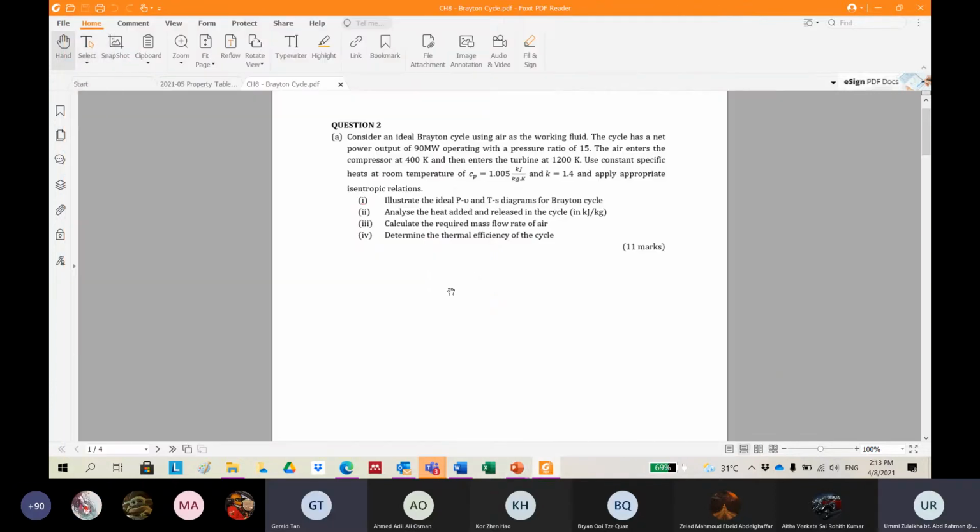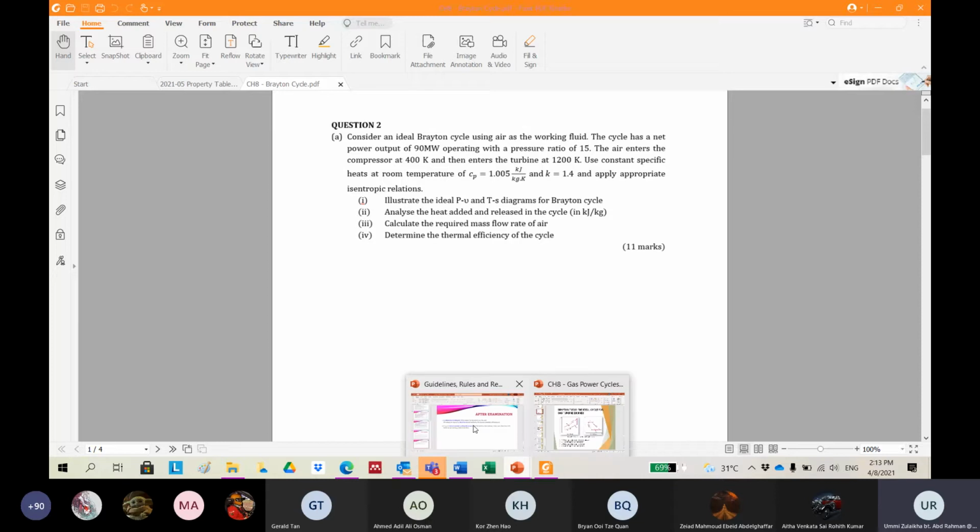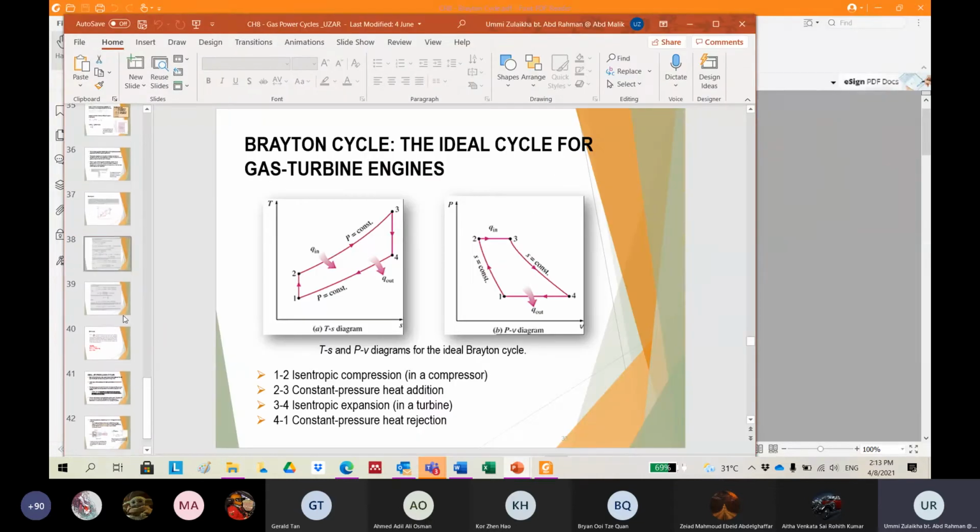So you are going to get this type of question. I'm just playing around with the power output or the pressure ratio, and so on, but the method will be repetitive. It would be disappointing to see students using different methods. You are allowed to use my method and the method in this slide.